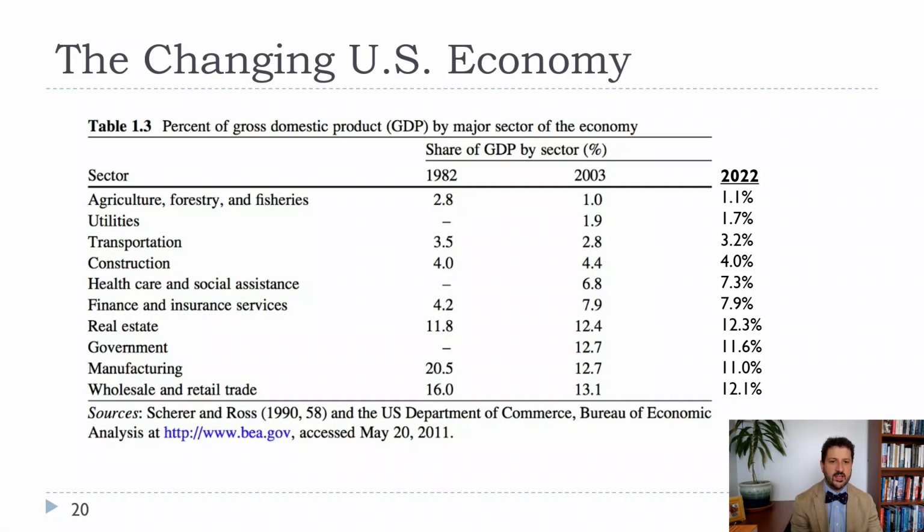So when we're discussing IO, we want to think not only about manufacturing, which is the traditional industry that industrial organization talked about, but also how it applies to things like financial services, insurance services, real estate, and whether or not there are differences, right?